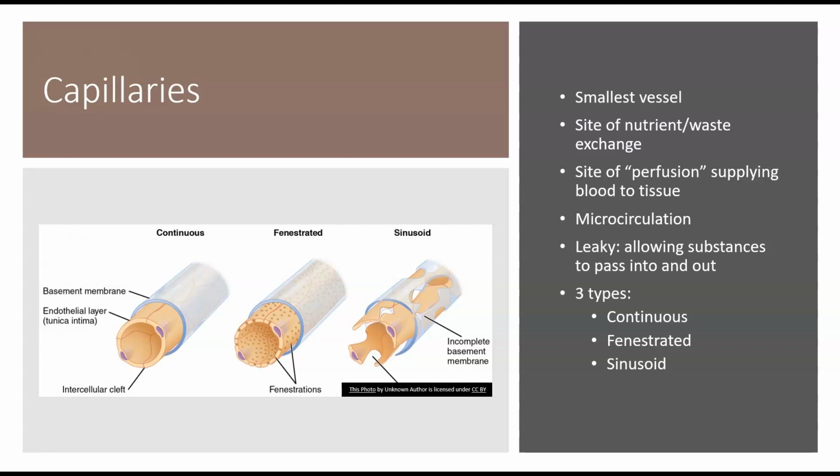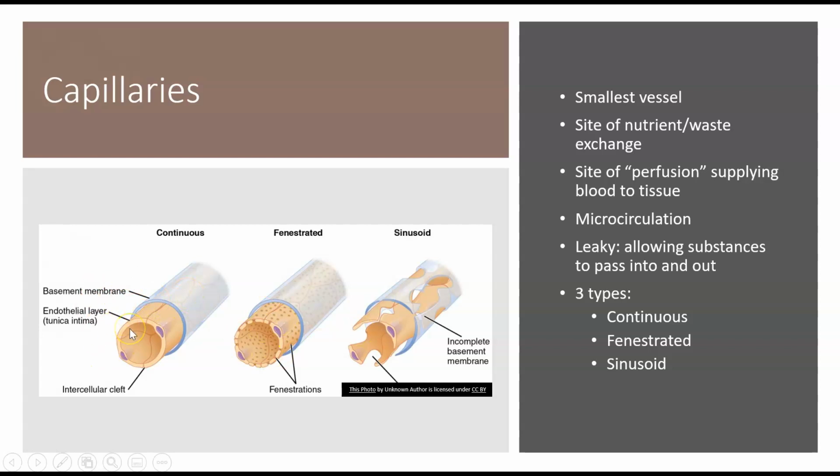And one of the interesting characteristics of capillaries is that they are leaky, so they will allow substances to pass into and out of them. There are actually 3 categories of capillaries, and which category we're dealing with will determine what can actually leak through. So for instance, the first kind is a continuous capillary.